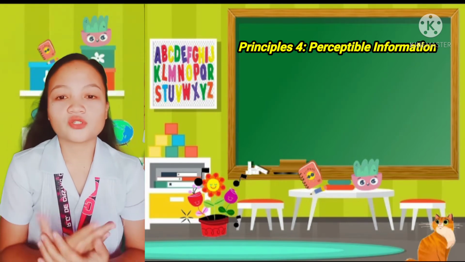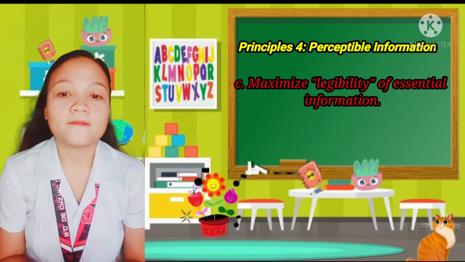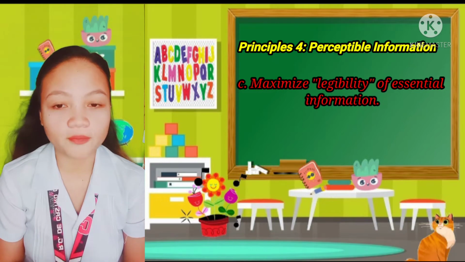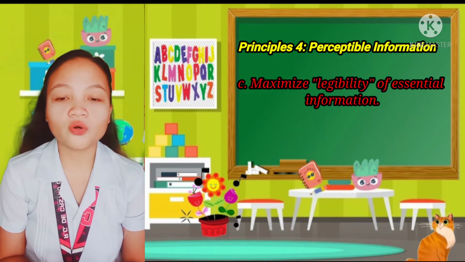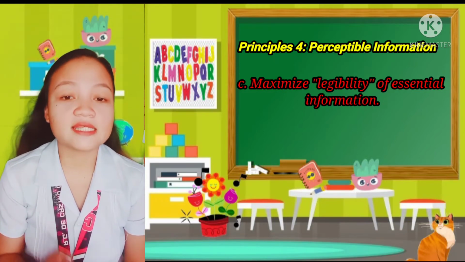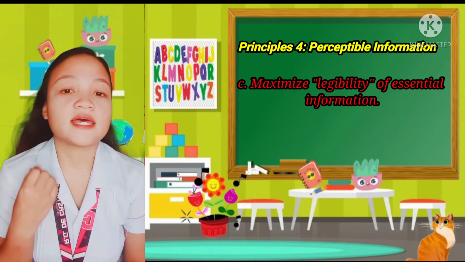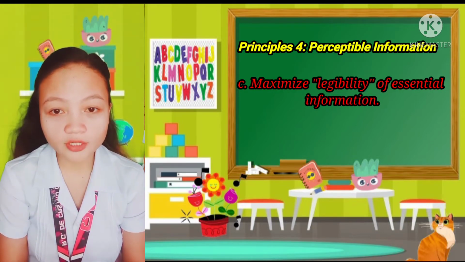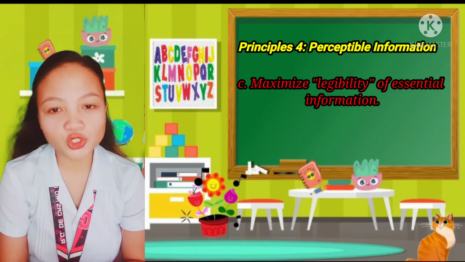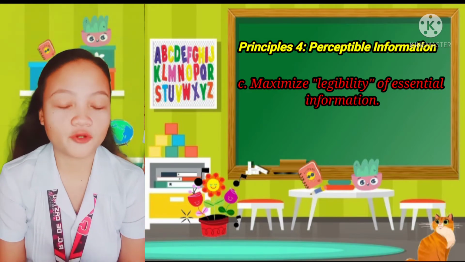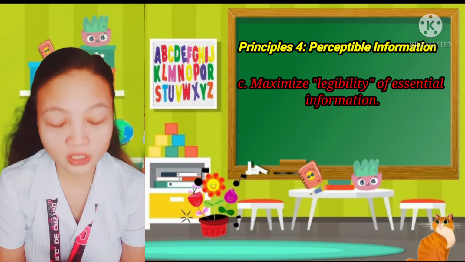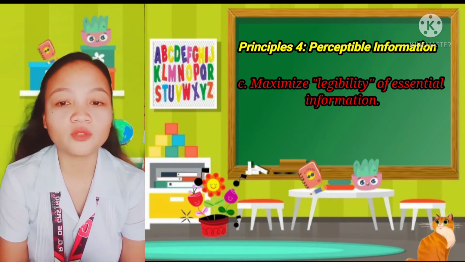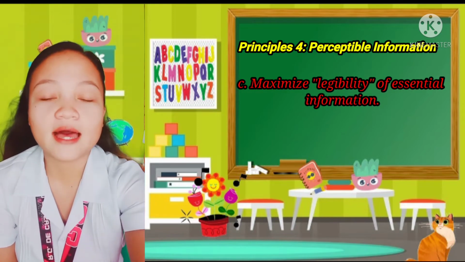Okay? So, next one is maximize legibility of essential information. So, using design element, we have to use design element, yung contrast, color, brightness, texture, and the size of the information to ensure that the design is usable by people with all sensory abilities.